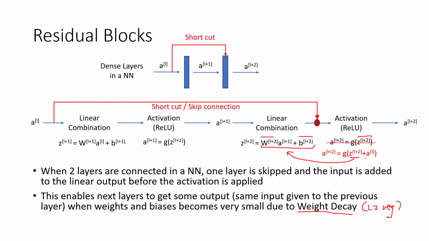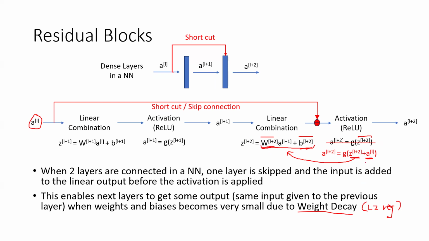But when we add this AL coming from this location, even if this ZL plus 2 is going to 0 due to W and B being 0, still we have this AL, right? AL is not 0.